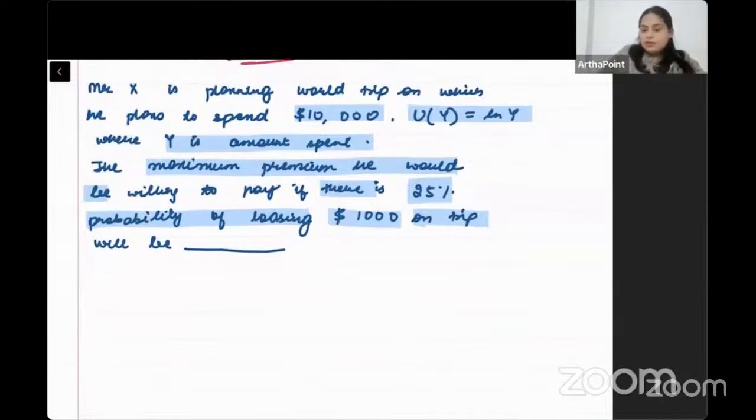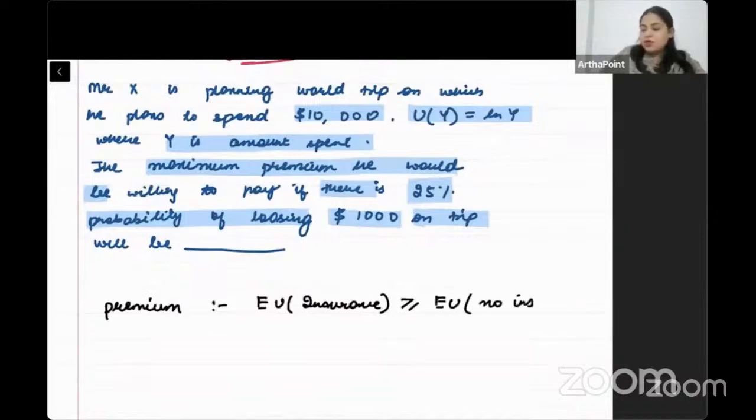Beta, I'm giving you a hint now. He will be willing to pay a premium such that his expected utility from buying insurance is at least as much as expected utility from no insurance. अब करके देखो.